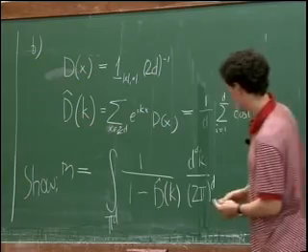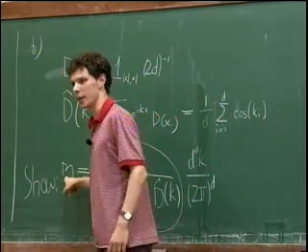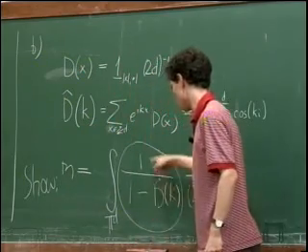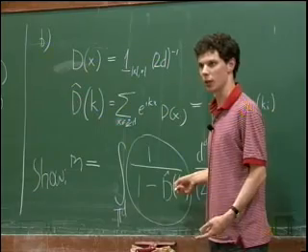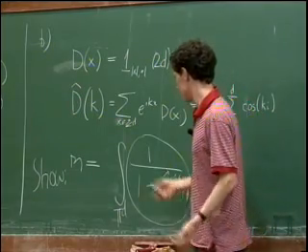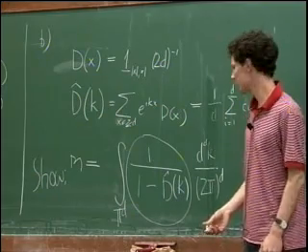In particular, it will be finite if and only if this function 1 over 1 minus d hat of k is integrable.